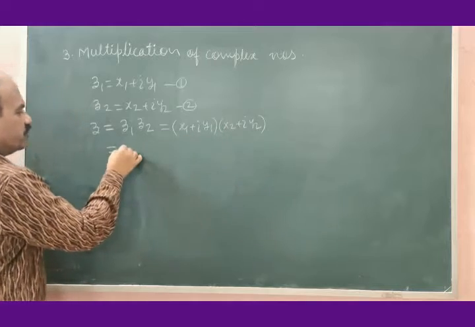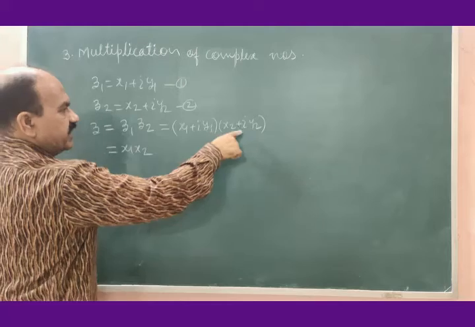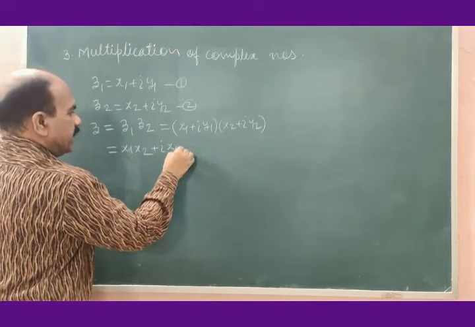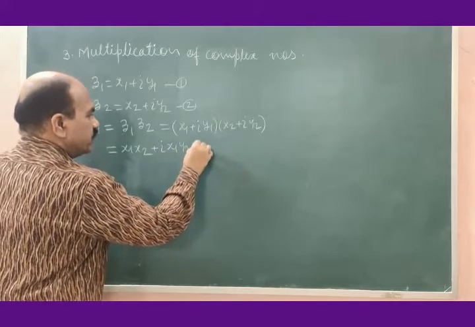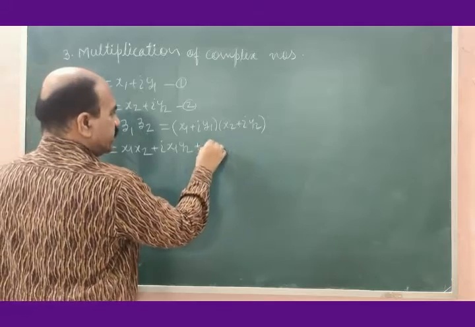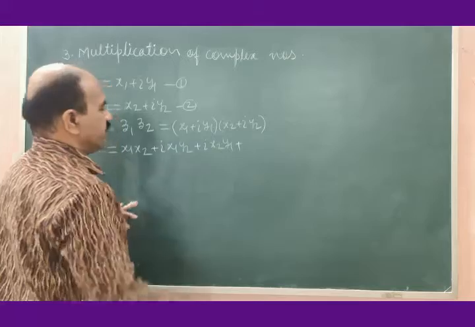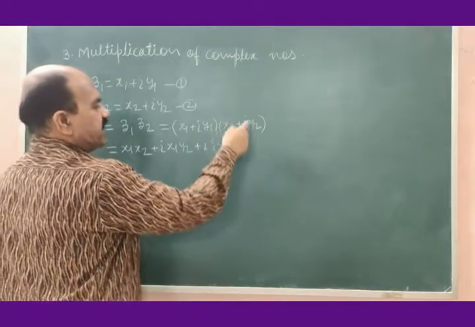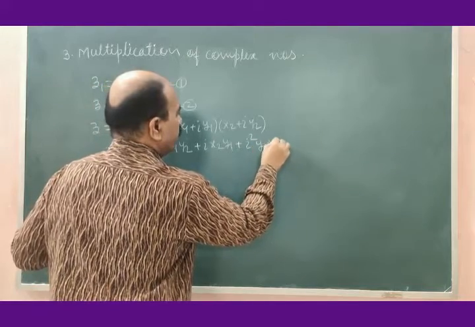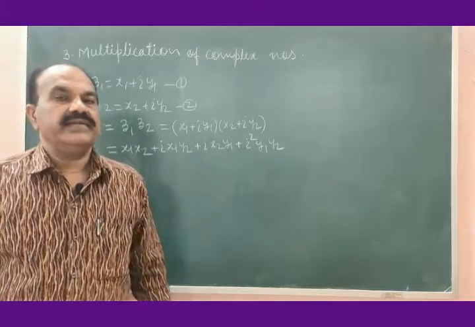x1 into x2, then x1 into iy2, that is plus I x1 y2, plus I y1 into x2, that is I x2 y1, plus I into I square y1 y2. What is I?